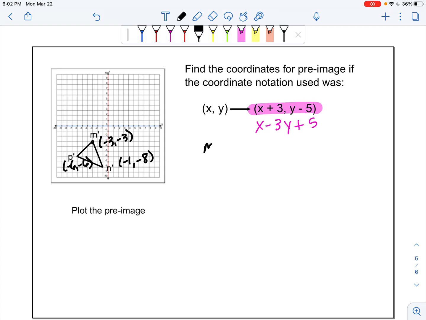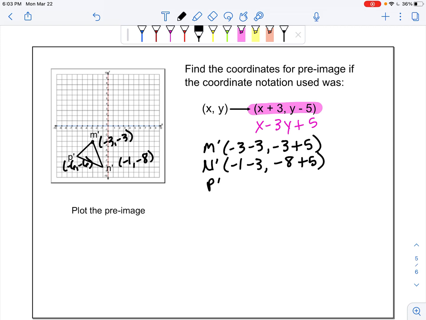So let's do M. I'm going to take -3, and I'm going to subtract 3, and then I'm going to take -3, and I'm going to add 5. And then N prime, I'm going to take -1, subtract 3, and I'm going to take -8 and add 5.